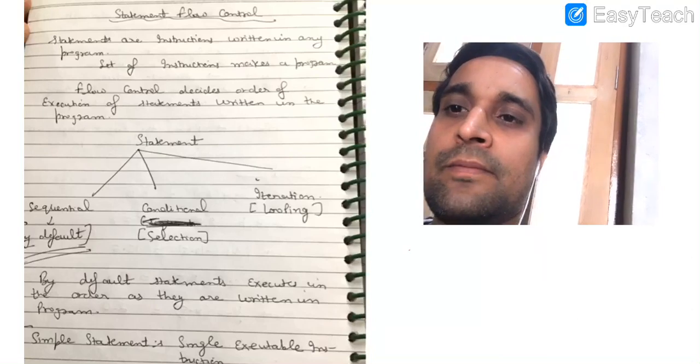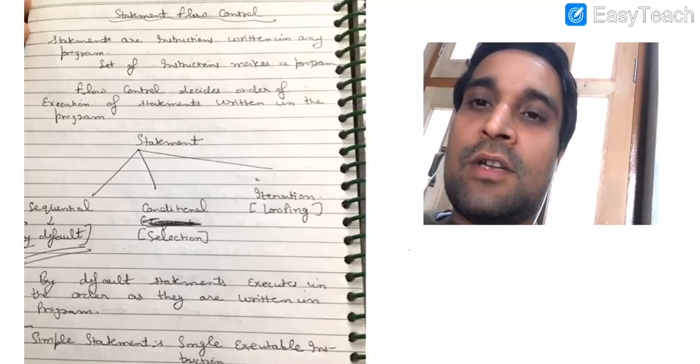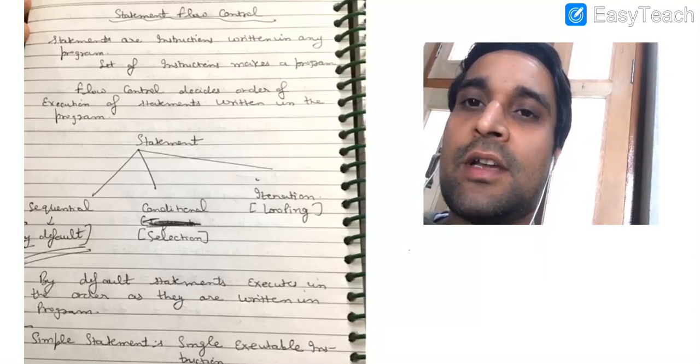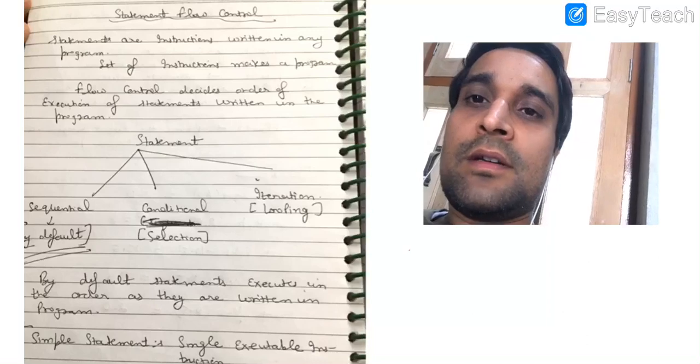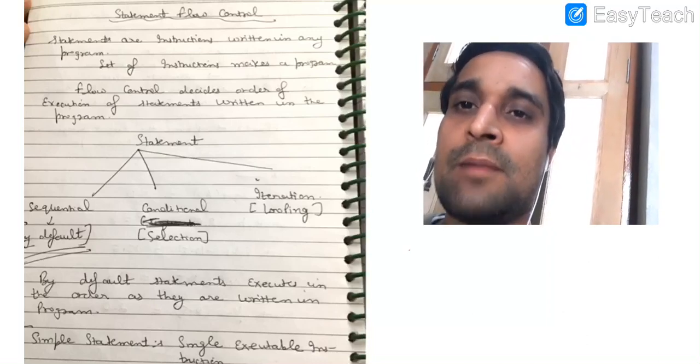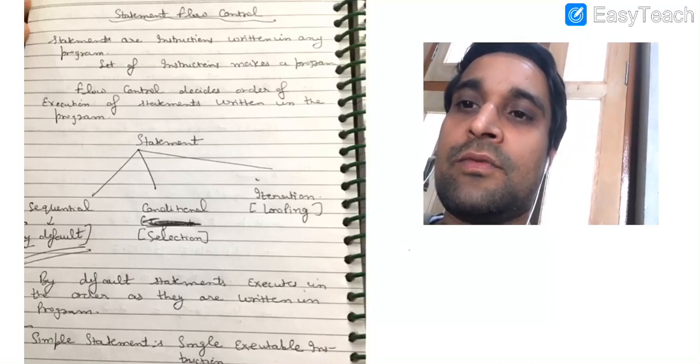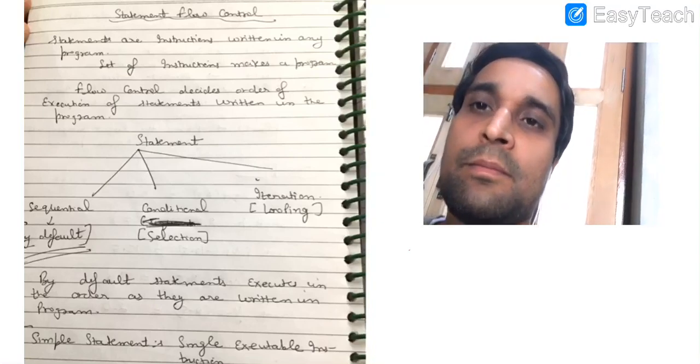We are going to discuss conditional and iteration statements in our next lecture. In this lecture I will tell you about simple statement, compound statement, and then we will discuss the empty statement. With that much knowledge we can start discussing the conditional and iteration statements available in Python.